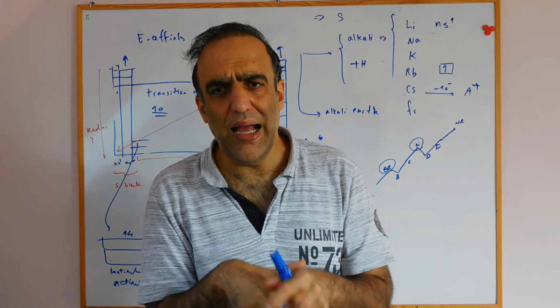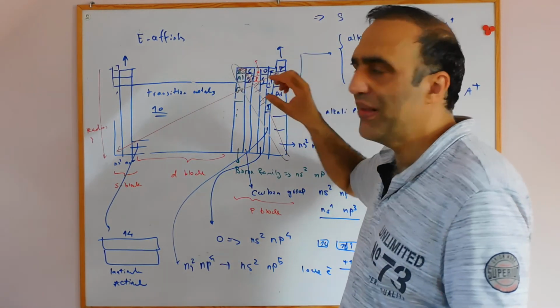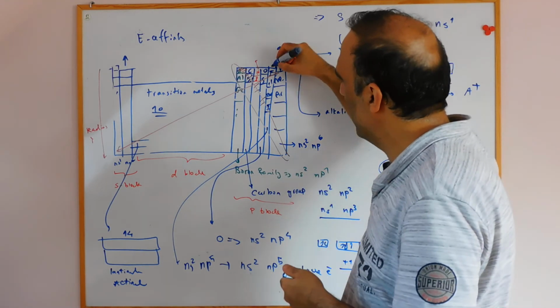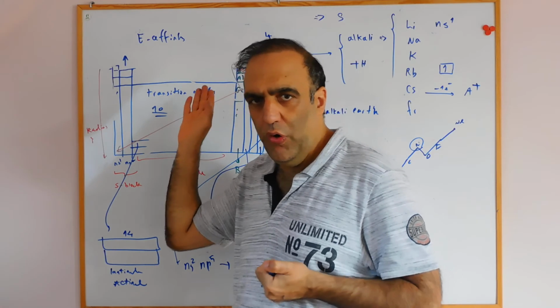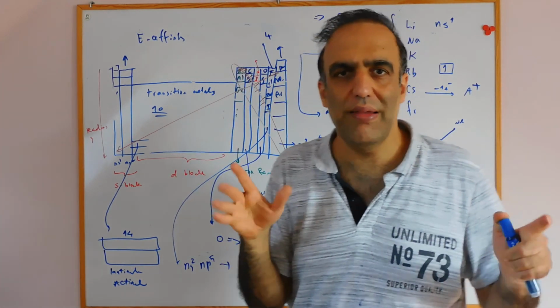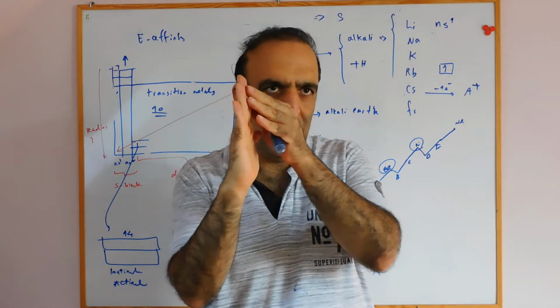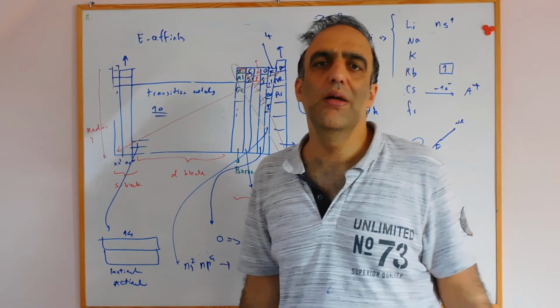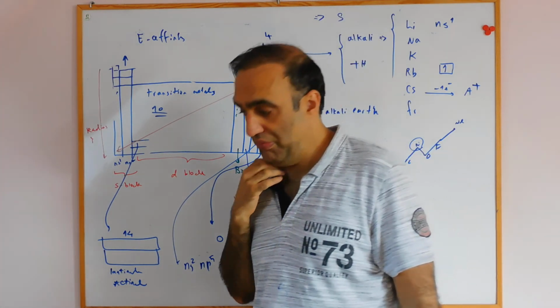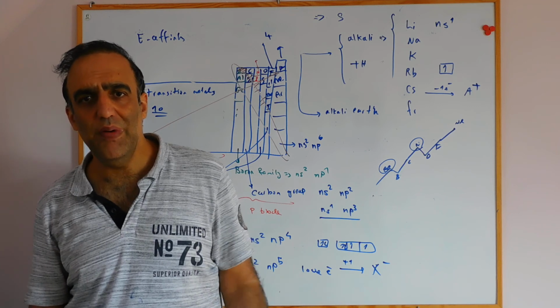As you see, the electronegativity of fluorine is the highest. It's almost equal to 4. The noble gases don't have any electronegativity, and from fluorine, if we go down or to the left, the electronegativity decreases. It's very important, and we have to care about this.